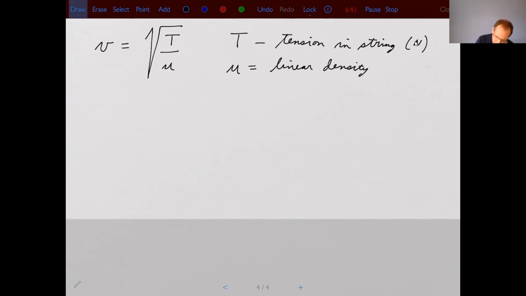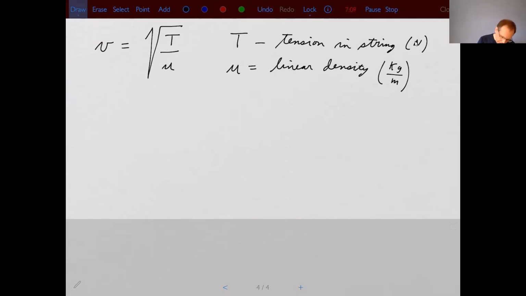Just like regular density is mass per volume, in this case linear density is mass per length, so it will be kilograms per meter. What we want to do is rearrange this equation and solve it for the tension.